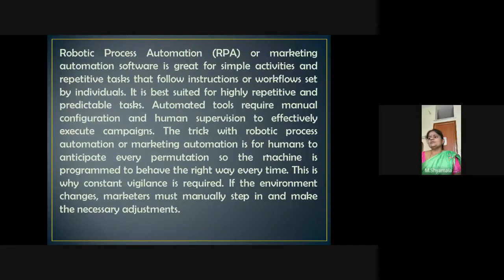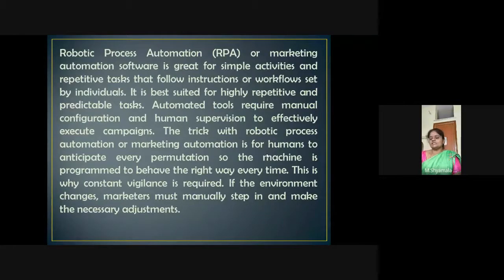Automated tools require manual configuration and human supervision to effectively execute campaigns. The trick with robotic process automation or marketing automation is for humans to anticipate every permutation, so the machine is programmed to behave the right way every time. That is why constant vigilance is required.